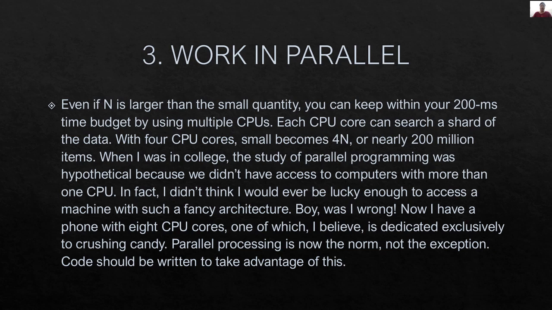Now I have a phone with 8 CPU cores, one of which I believe is dedicated exclusively to crushing candy. Parallel processing is now the norm, not the exception. Code should be written to take advantage of it. So the third point is work in parallel.